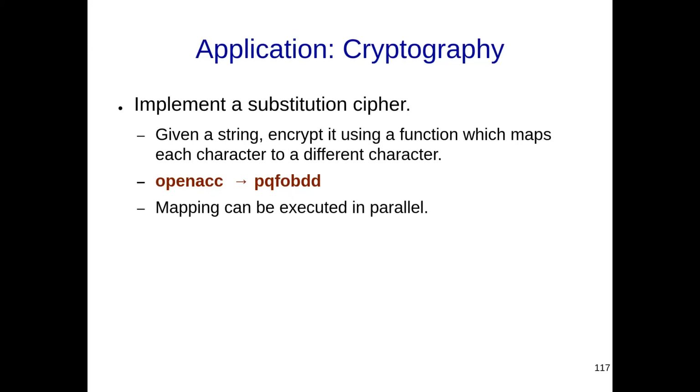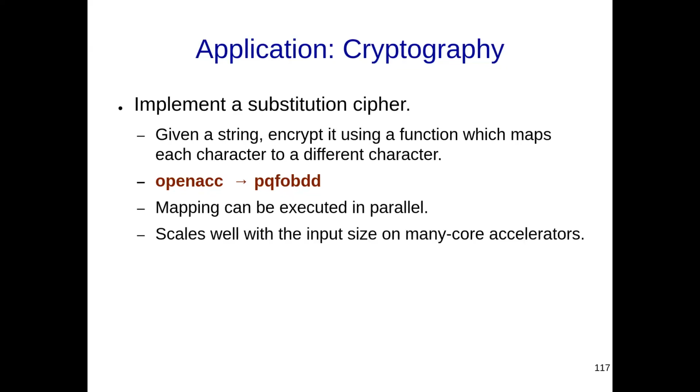So this is a good data parallel operation, and because of that it also scales very well when the input size increases. That is, the larger the input string and the more cores or threads you have to execute this in parallel, the higher and higher speedups it is going to give you. Right? So that is what we call nicely data parallel. Sometimes this is also called an embarrassingly parallel operation.